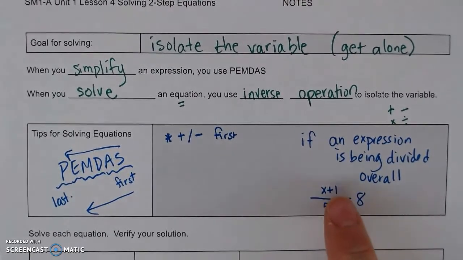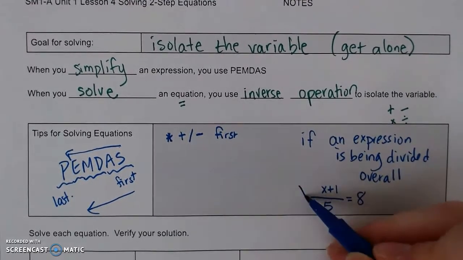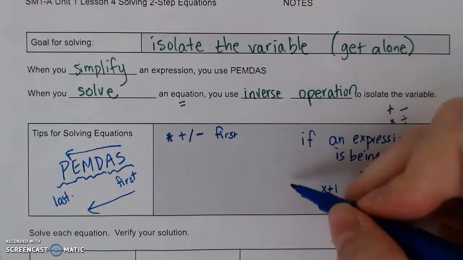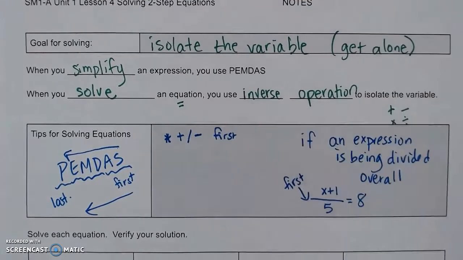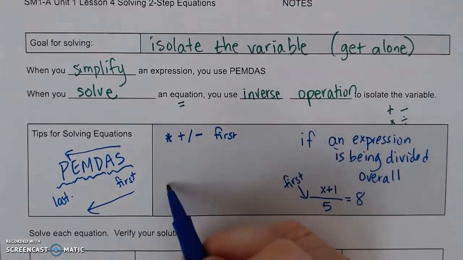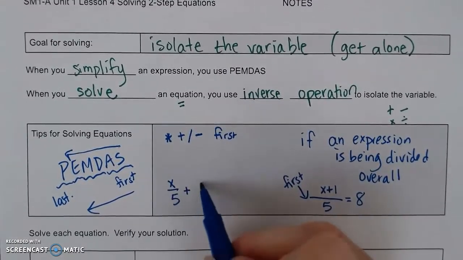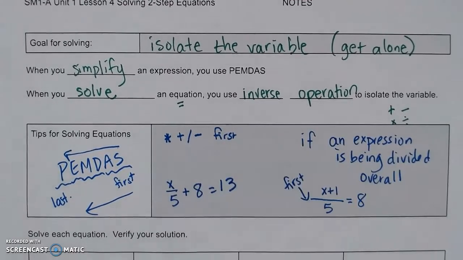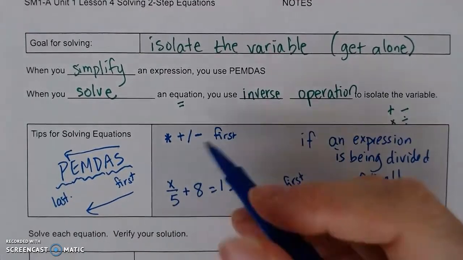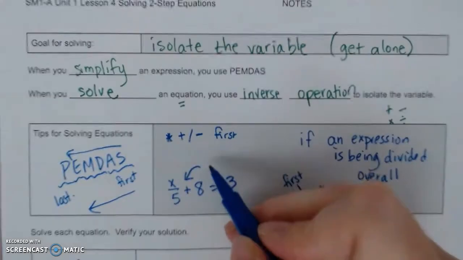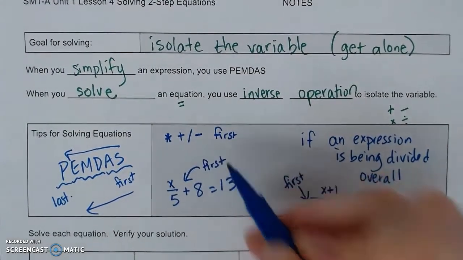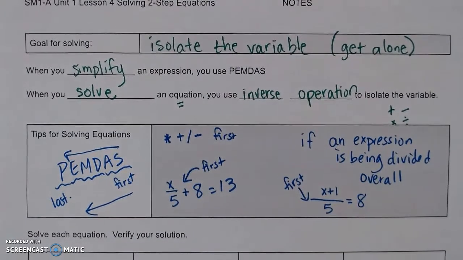Because we're not really just adding a term, we're dividing it first, you want to address the division first. If it was something like x divided by 5 plus 8 equals 13, this is different. That is when we would want to address the addition first. Those are really the two different scenarios that students get confused on.